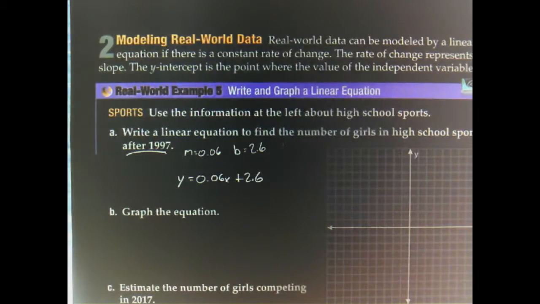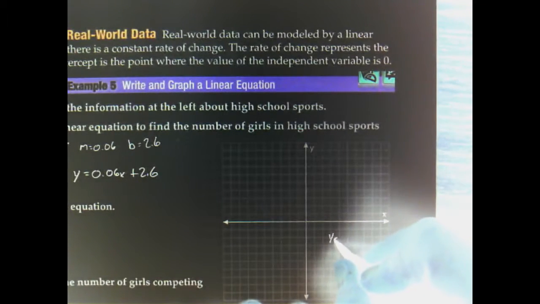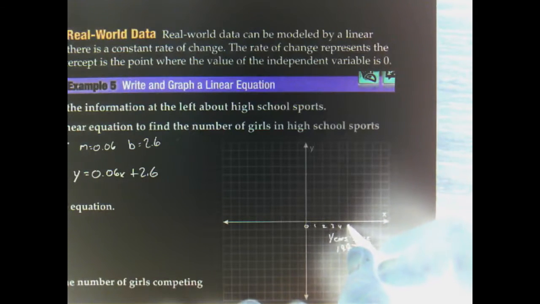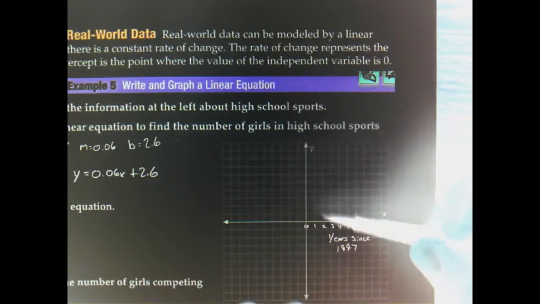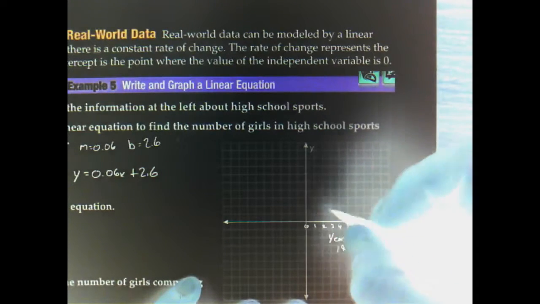So in order to graph this equation, on the bottom we're going to go years since 1997. So we'll have 0, 1, 2, 3, 4, 5, 6, 7, 8, 9, 10. And then on the side here we can have millions.